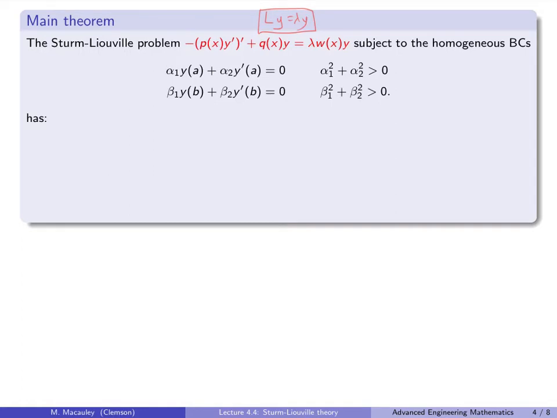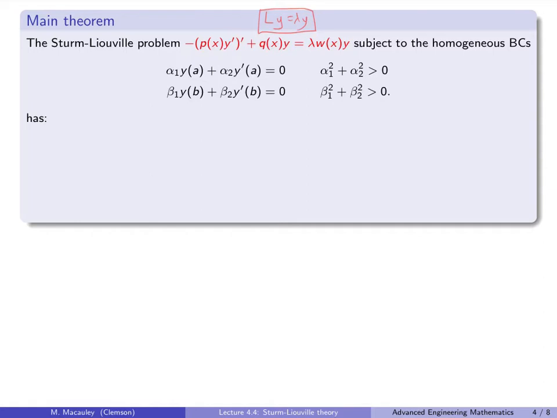Writing it like this shows you that this is just an eigenvalue problem. What we want to do is find all possible lambdas and all possible y's for which there is a solution. And it's not clear if there are any lambdas or how many there are. So you think of the lambdas as being like fundamental frequencies or modes of the system.